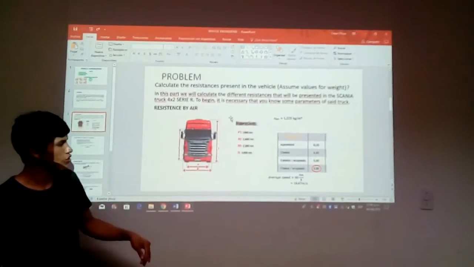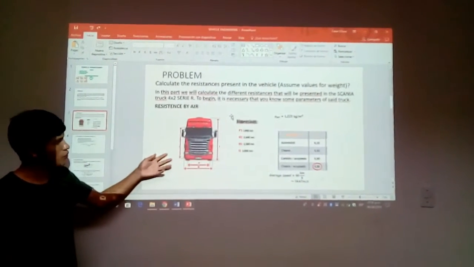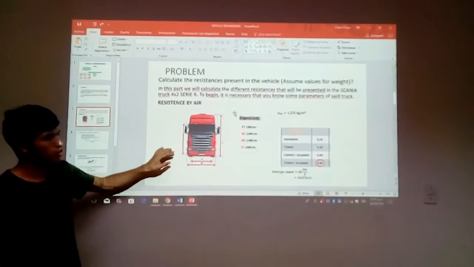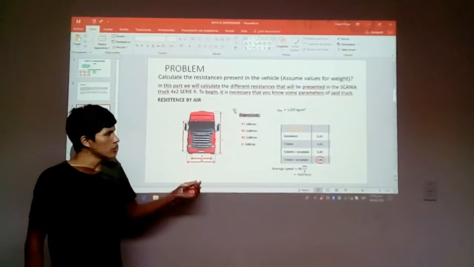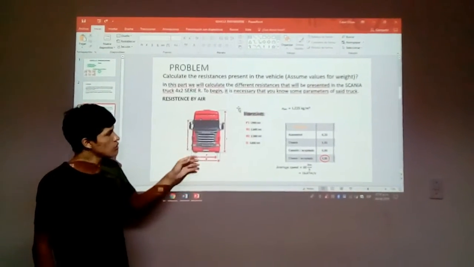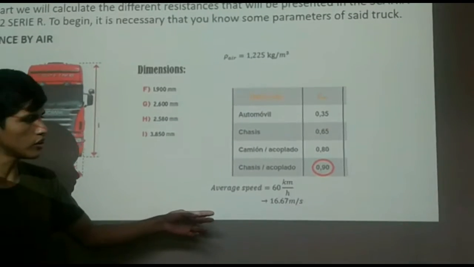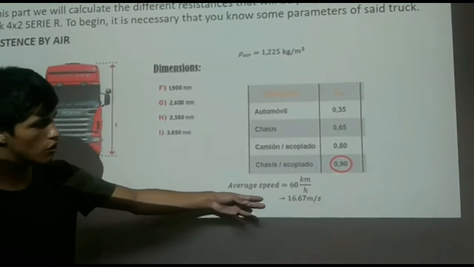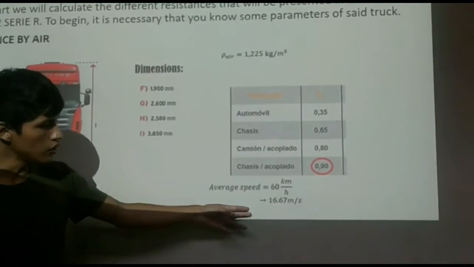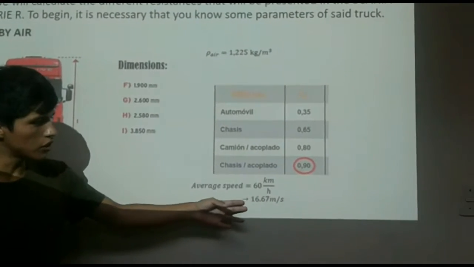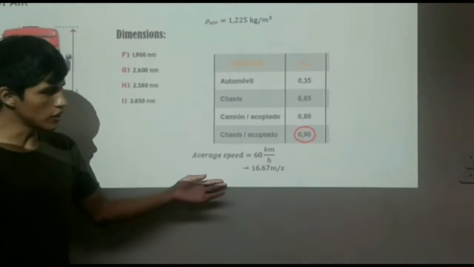First, we calculate the aerodynamic resistance. For it is necessary to know the dimensions of the surface. For it, the average speed is 60 kilometers per hour, and this velocity in meters per second is 16.67.